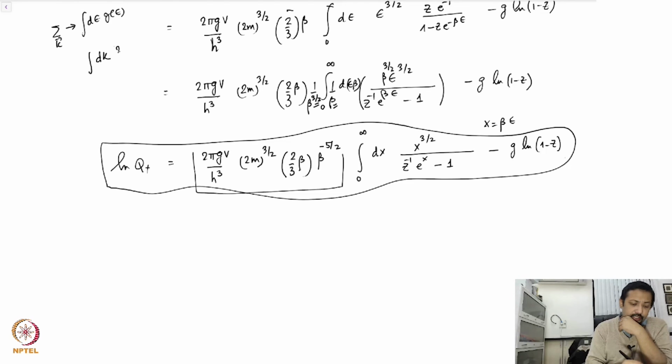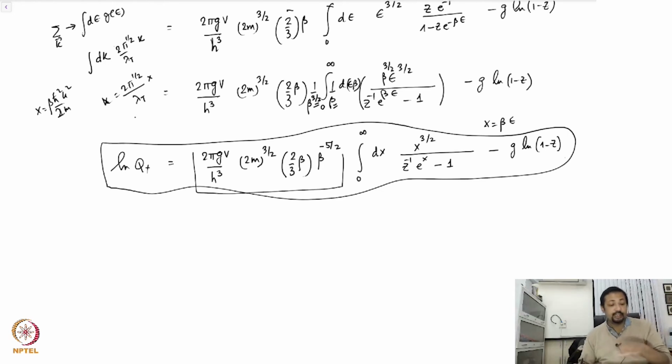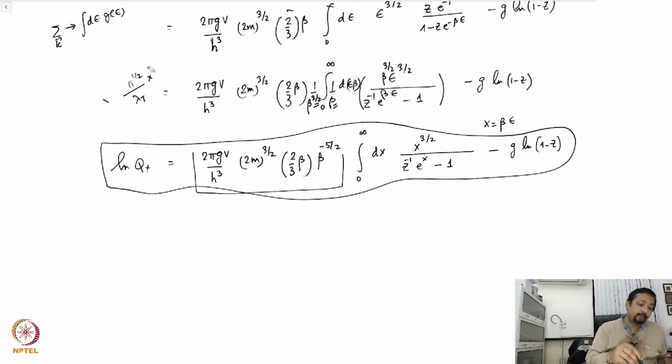I think it was 2 pi to the power half over lambda_T times k, right? So x was beta hbar squared k squared over twice m, and so x_k was 2 pi raised to the power half divided by lambda_T times x. Something like this was there, and we had used this particular approach.